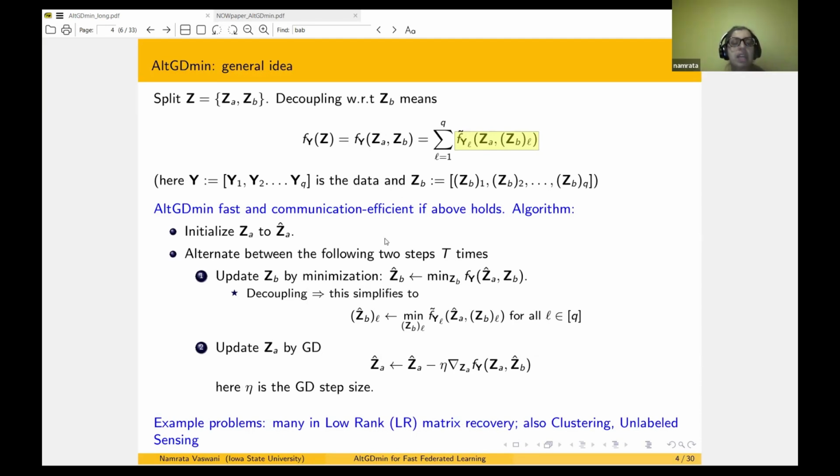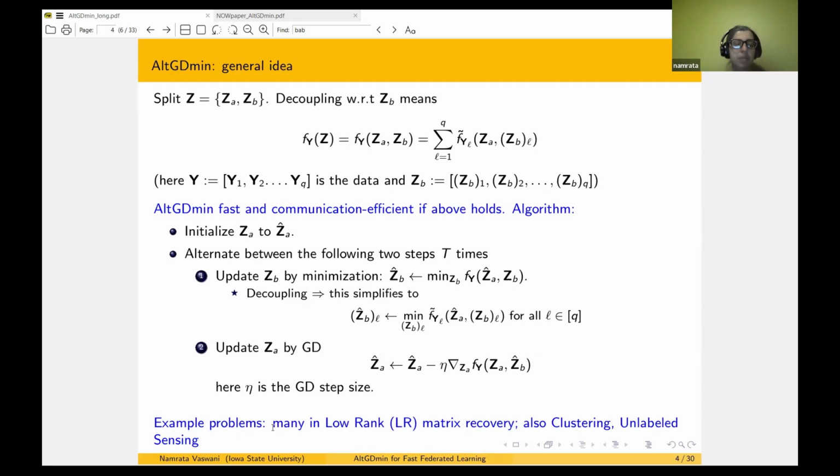So I'm just saying, at least you could consider implementing the algorithm and trying it out for problems where this kind of decoupling occurs. But the analysis, the sample complexity and what is called the iteration complexity, or some people call it convergence speed, has to be done on a problem by problem basis. So we don't have a generic solution for all problems.